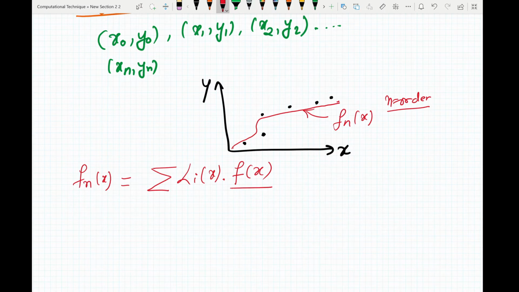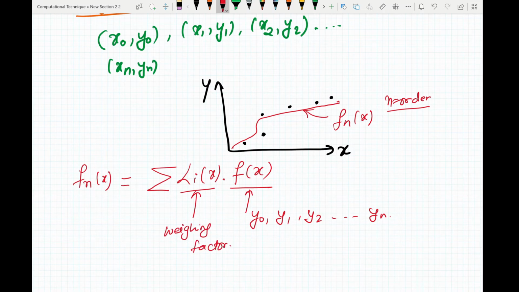Now these functional values are y0, y1, y2 to yn, and the weight functions are called the weightage factors.